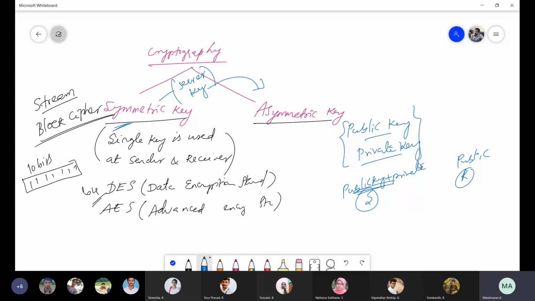Like I already told you, in the bank, if you want to keep your jewels in the locker, a key is given to you and one more key is kept with the bank manager. Unless the bank manager's presence is there, you cannot take the jewels back.